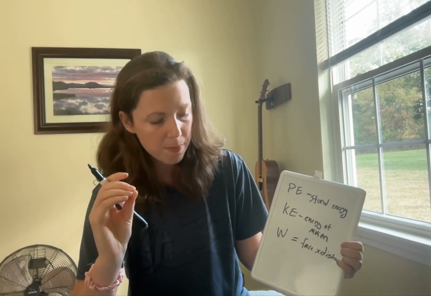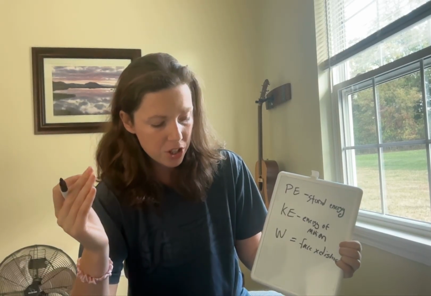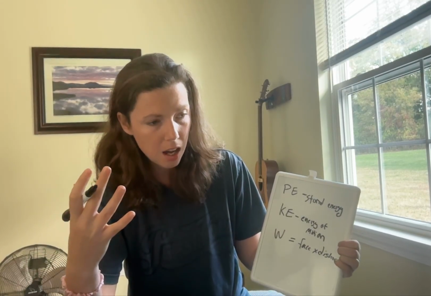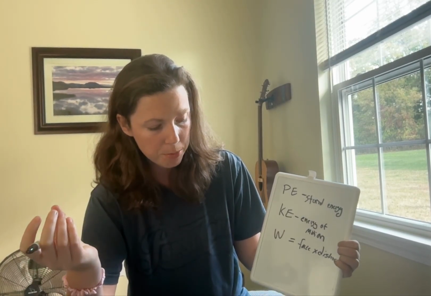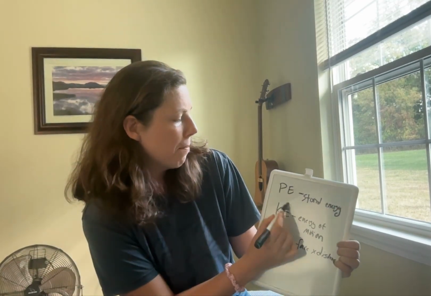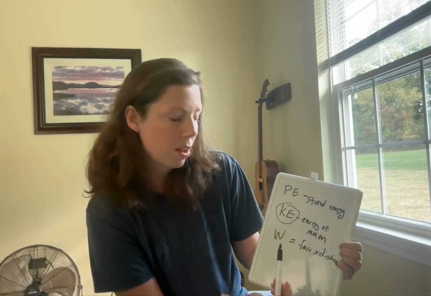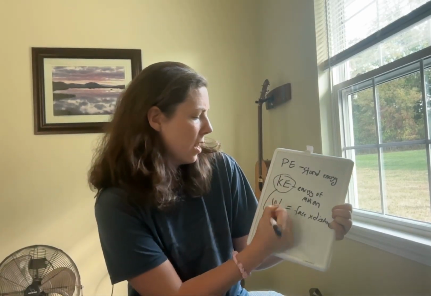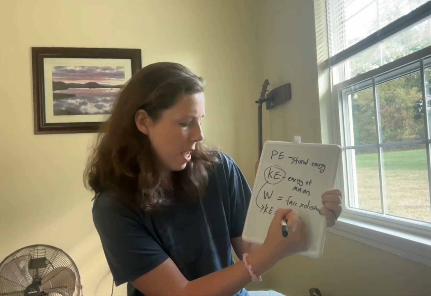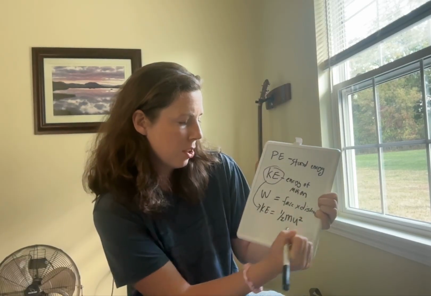The energy of motion is called kinetic energy, and the amount of kinetic energy is the product of the mass of the object times the square of the speed. If we want to define this mathematically rather than just with words, kinetic energy is equal to 1/2 mass times speed squared.